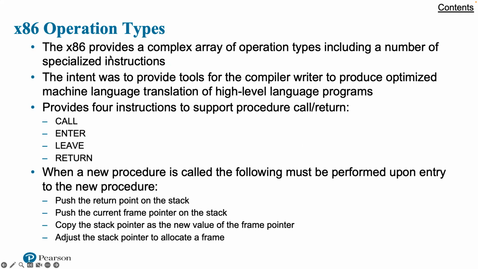So x86 provides a complex array of operation types, including a number of specialized instructions. So their instruction set is huge, maybe like 4 times what you would find in an ARM. And so that's one of the distinctions that maybe you would like to consider for a specific architecture for your application.